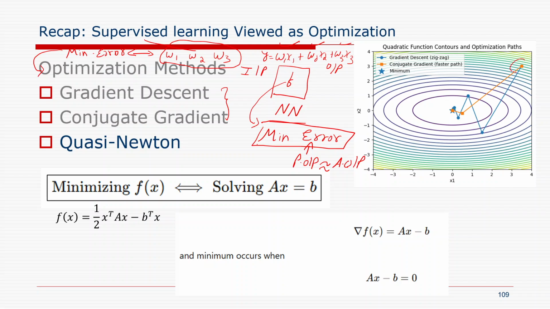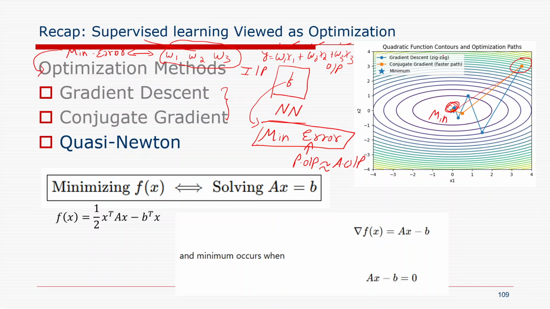Both are starting at the same point, but conjugate gradient is taking only 2 steps to converge to this minimum point. But gradient descent is also trying to converge to a minimum point, but it is taking more number of steps. That is the foundation I left in the last class: conjugate gradient converges faster when compared to gradient descent.